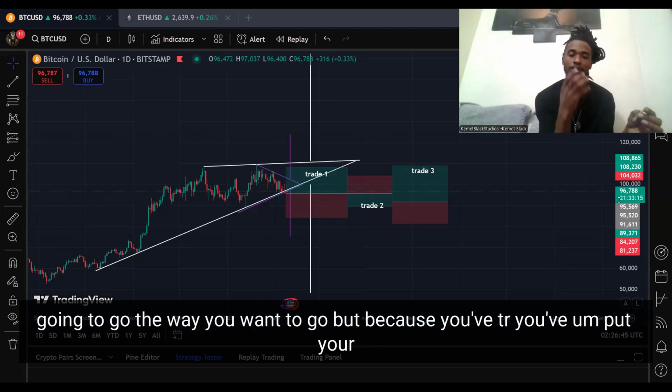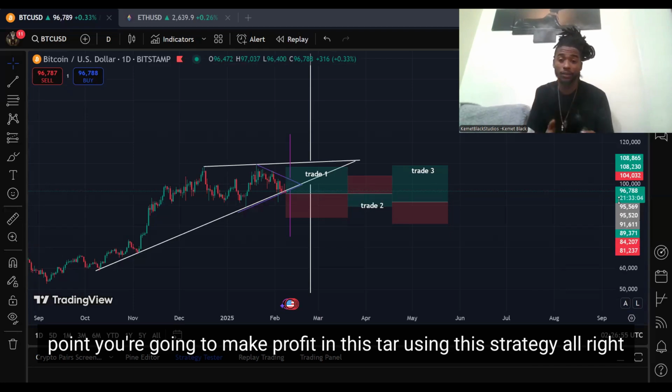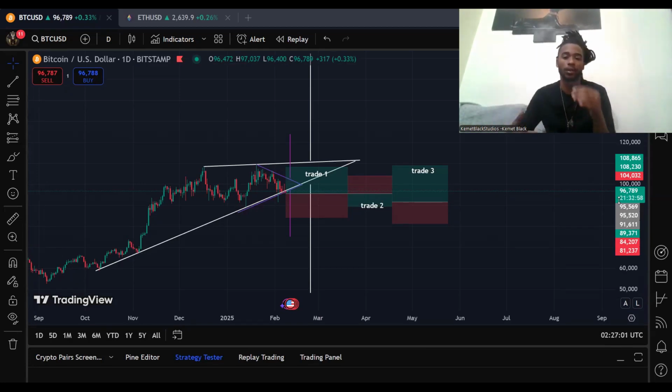But because you've put your strategy through trial and error multiple times, you know that at some point you're going to make profit using this strategy. You tested it and back tested it, and it works. The strategy that I'm using has been back tested, and I'm going to show you how I am a profitable trader, the way that I do it.